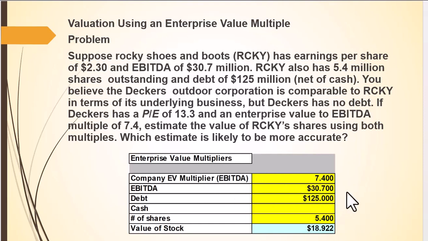EBITDA is 30.7. We have 125 in debt. We have no cash. We have 5.4 in stocks. What's the value of this company? This company would end up having a value of 18.922 using the enterprise value multiplier.